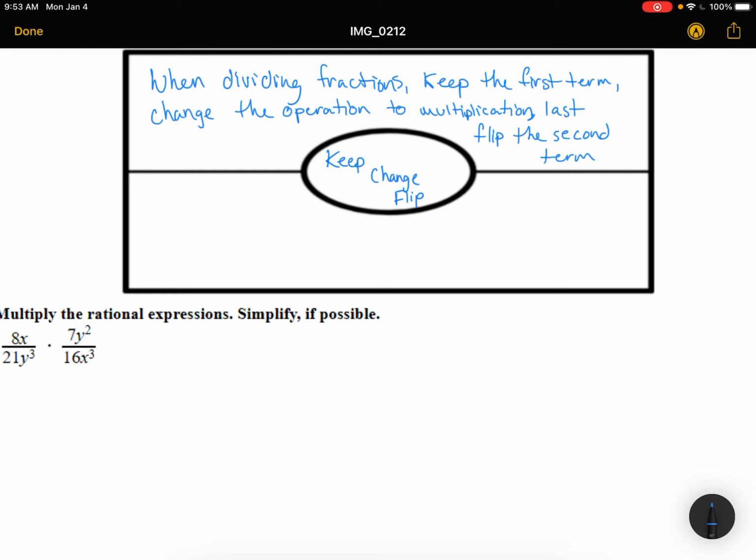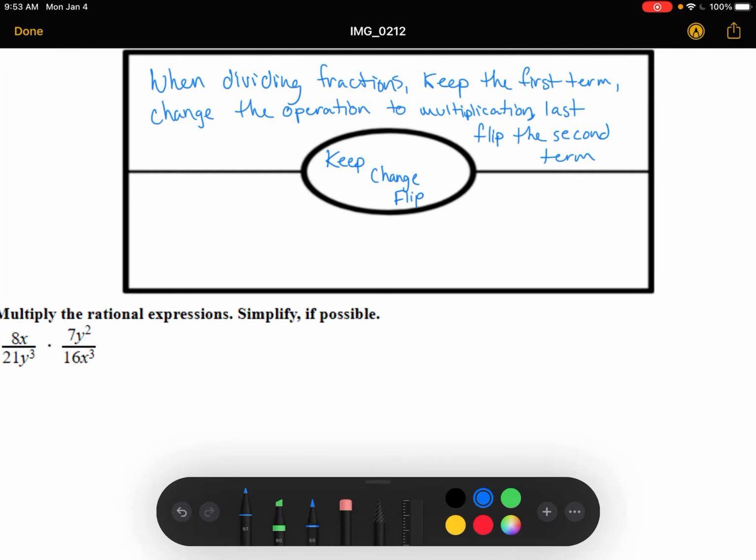As always, a lot of words here, so I think the best way to break this down is to actually see it. Let's say our first fraction is a over b, and we're dividing it by c over d. In this case, I'll annotate on top: we keep, we change, and we flip.